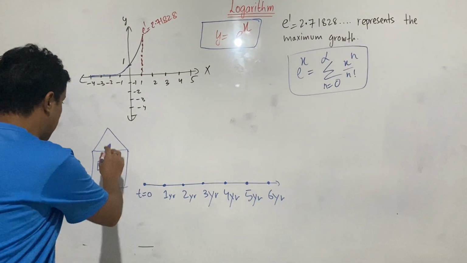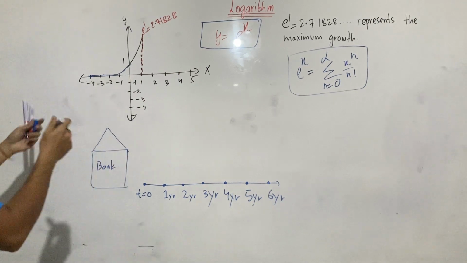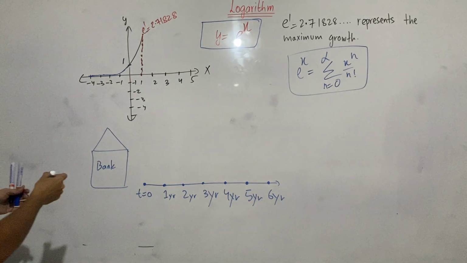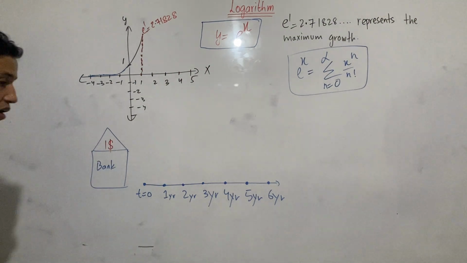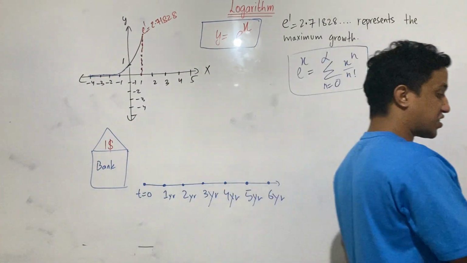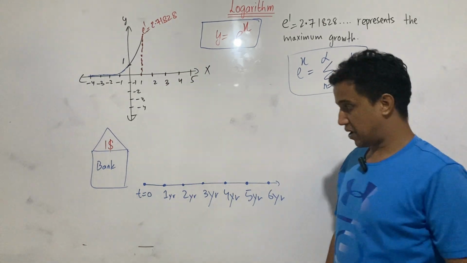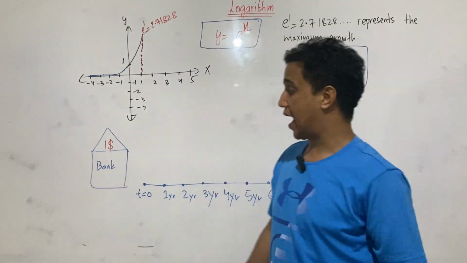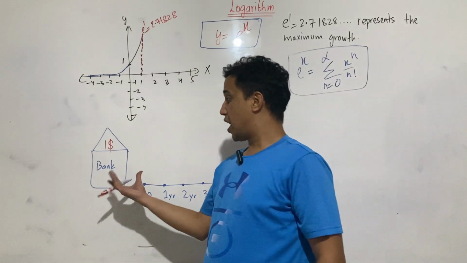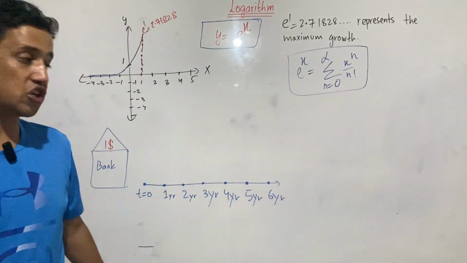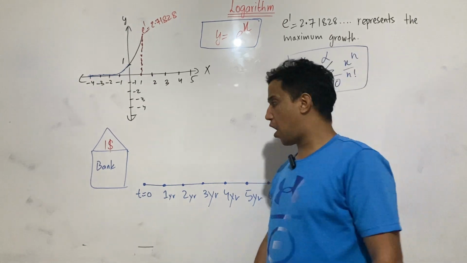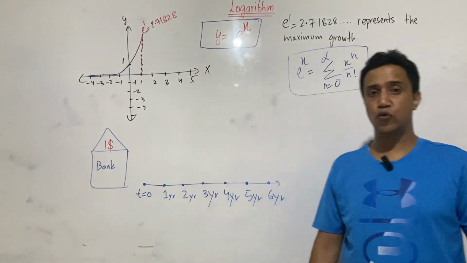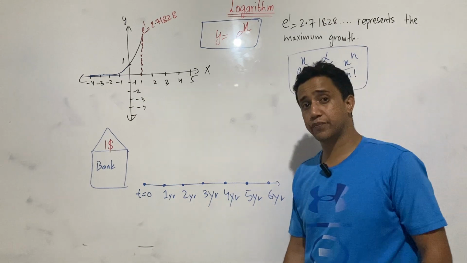Let's say you go to this bank to deposit your $1. The bank says you are welcome, and if you let your $1 stay in our bank for 1 year, then we are going to give you 100% return.